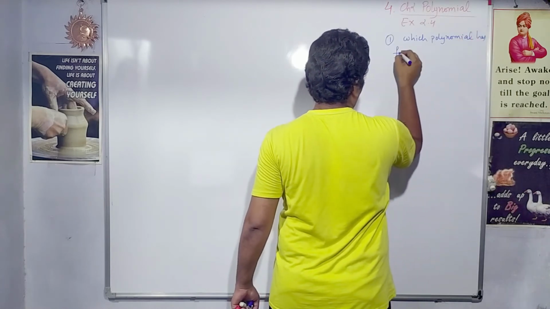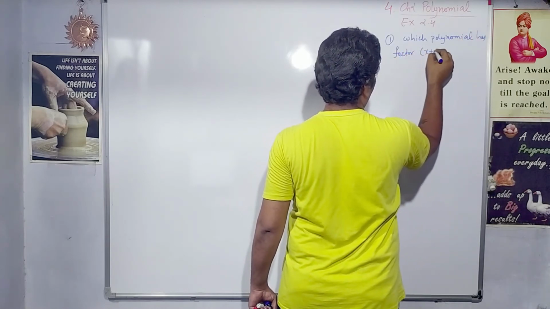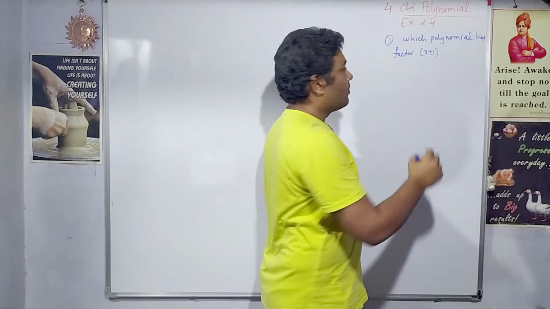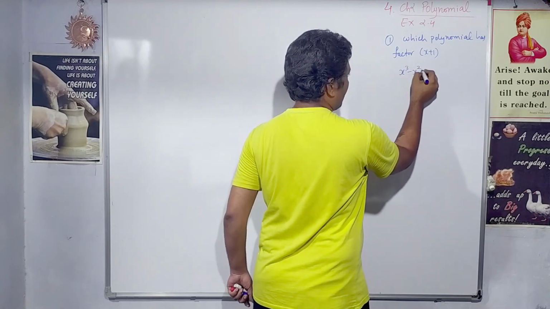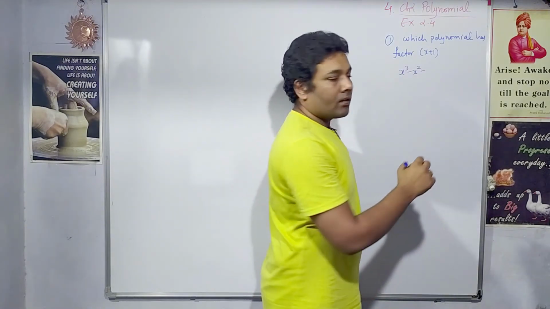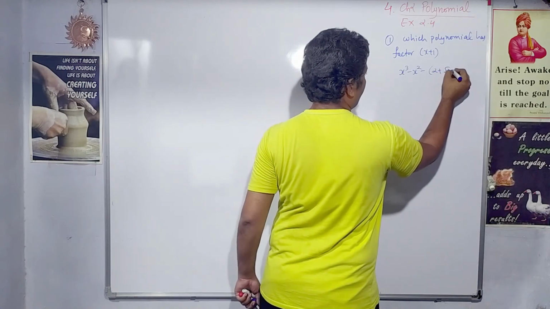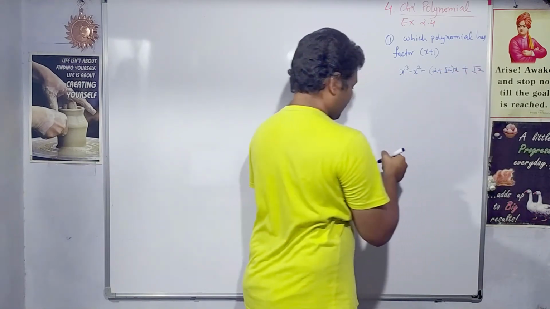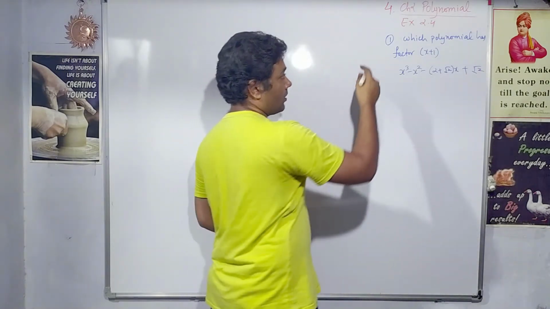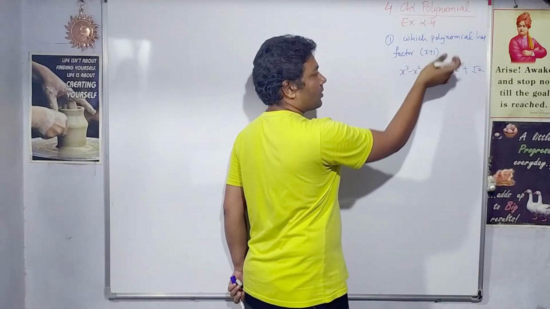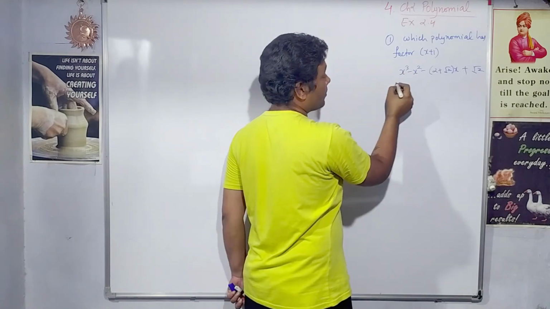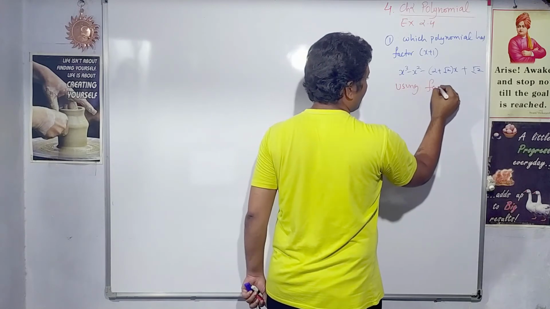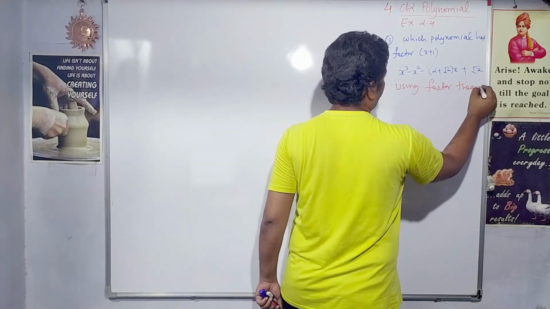So I'll take the first one, that is x cube minus x square minus 2 plus root 2x plus root 2. So how to find out? In order to check whether one polynomial is a factor of another, what do we use? We use the factor theorem.